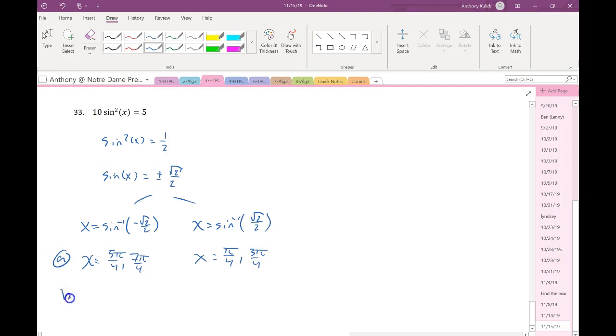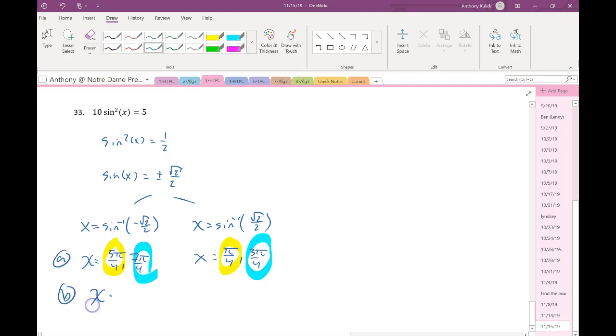For B, I noticed that this guy and this guy are pi units apart. Nope, sorry, not those two. Those two. And then this guy and this guy are also pi units apart. So I can condense my infinite solutions from 4 to 2.